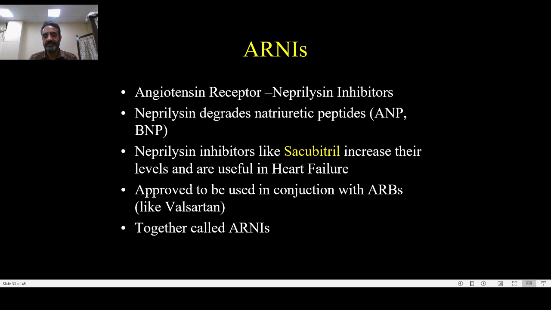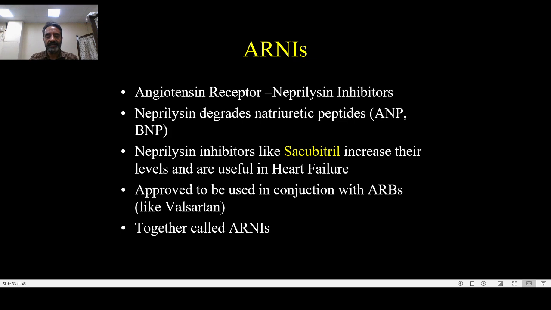There are various natriuretic peptides like brain-derived natriuretic peptide or atrial natriuretic peptide. A neprilysin inhibitor like sacubitril increases the levels of the peptides, and as we have seen already, these peptides are useful in heart failure.